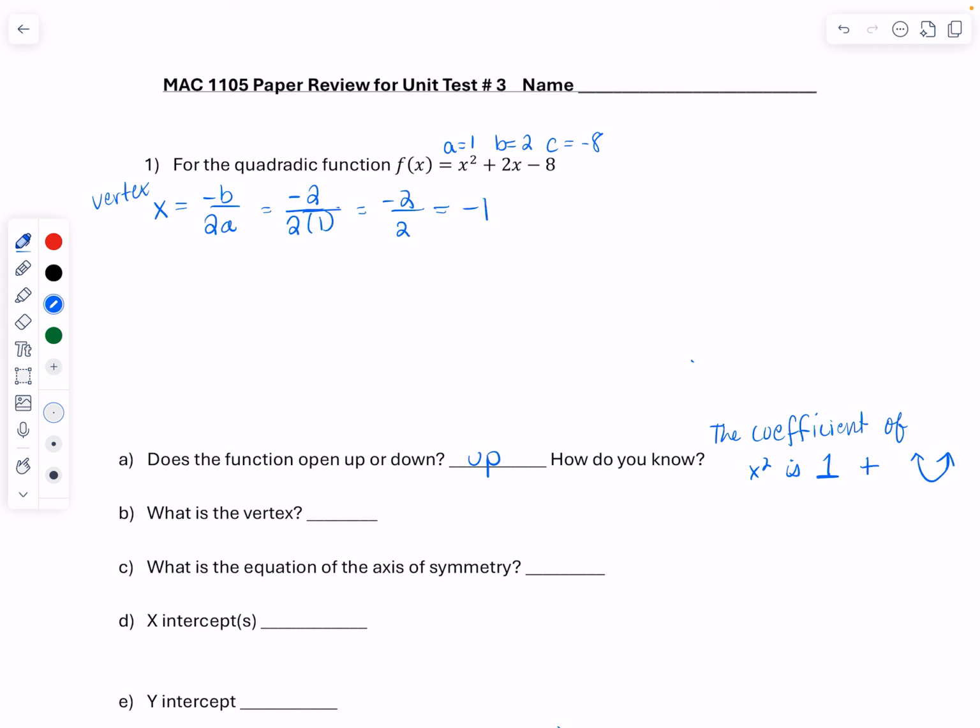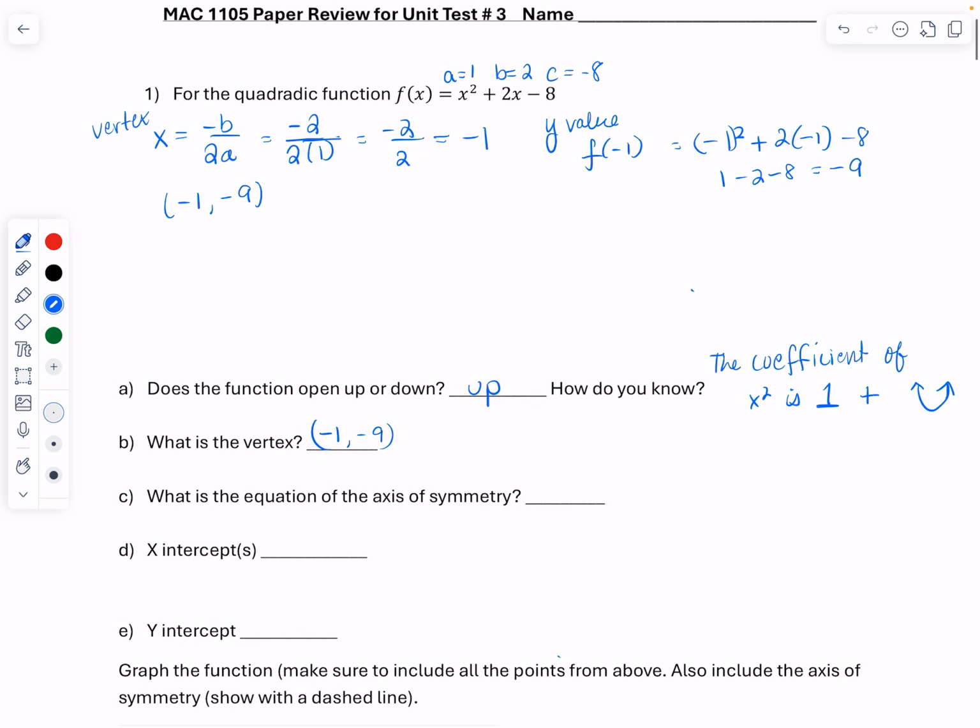That's my x value. To find the y value, I'm going to plug it in. So I'm going to find the function at negative 1. I get negative 1 squared plus 2 times negative 1 minus 8, so 1 minus 2 minus 8. That gives me negative 9. So my vertex is the point negative 1, negative 9.